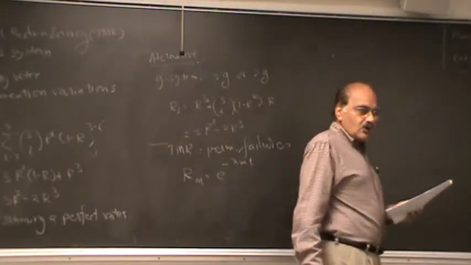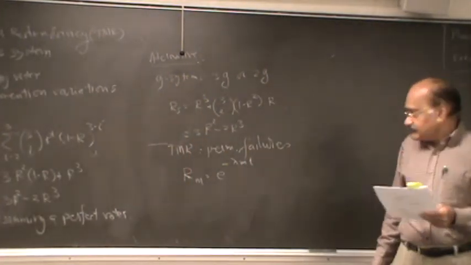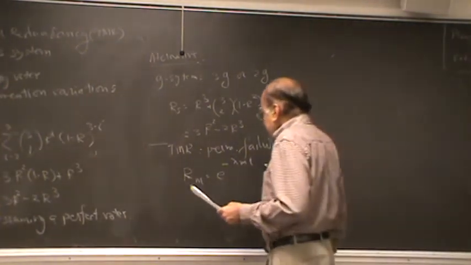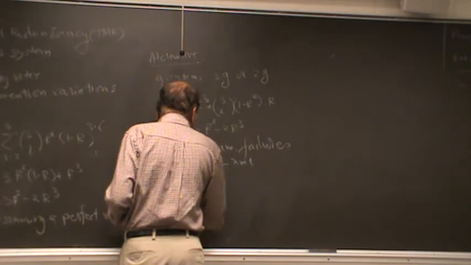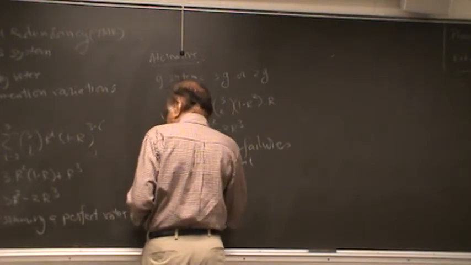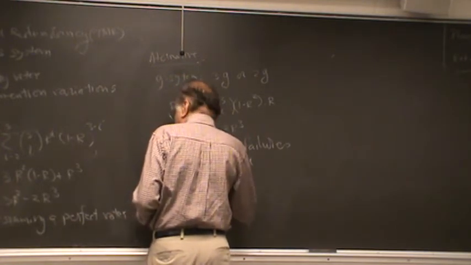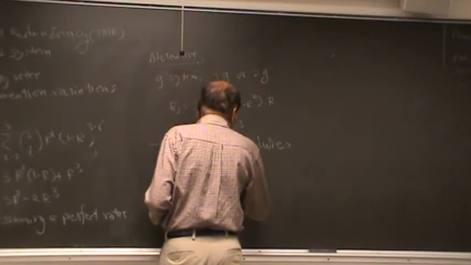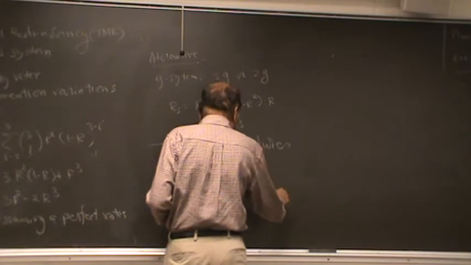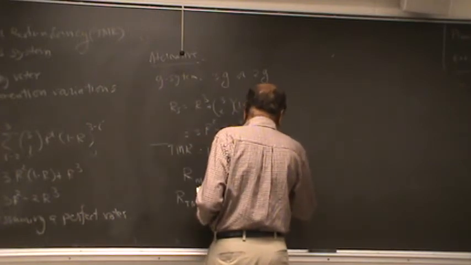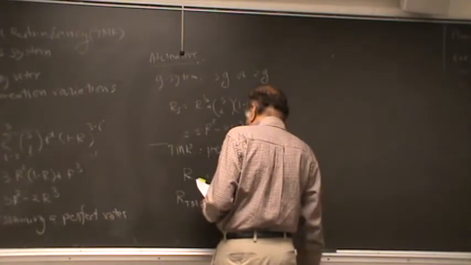Then what is the overall reliability of TMR? The reliability of TMR is obviously going to be 3 e raised to minus 2 lambda t minus 2 e raised to minus 3 lambda t.